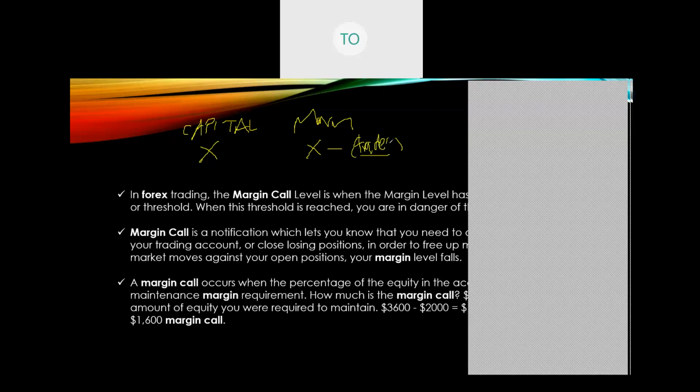Which means that if you don't take any trades, if this is 0, then you have the same margin as the capital, but your margin decreases rapidly as the number of trades increase, especially if they are losing trades.